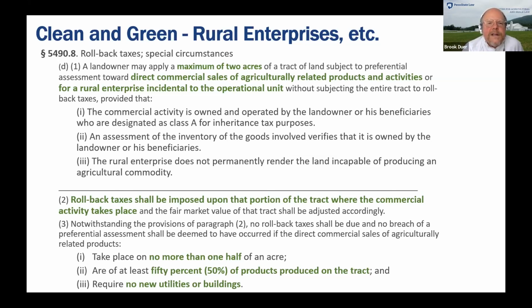The concept is a rural enterprise incidental to the operational unit. So the harness or tack shop at the Amishman's farm, those things that arise from the ag use that's being done there.